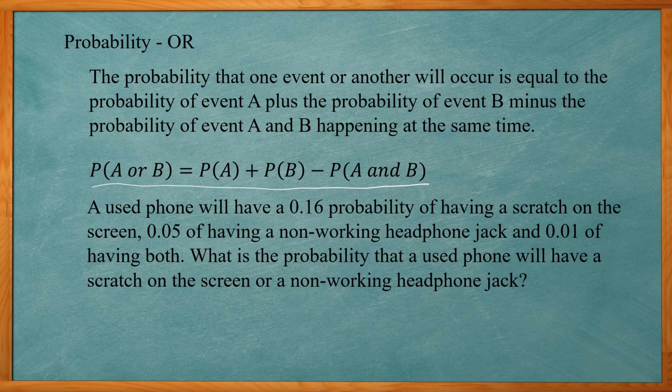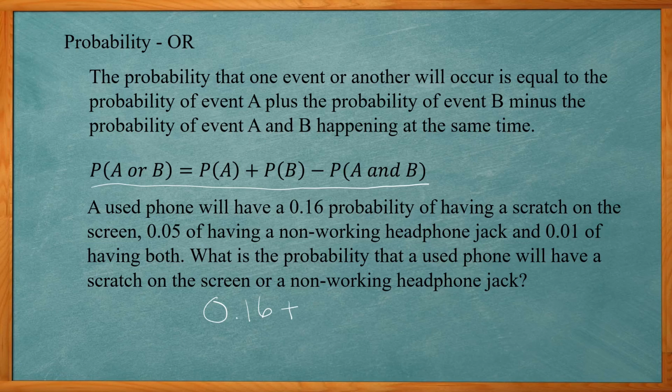So for example, a used phone has a 0.16 probability of having a scratch on the screen, a 0.05 probability of having a non-working headphone jack, and a 0.01 probability of having both. What is the probability that a used phone will have a scratch on the screen or a non-working headphone jack? Okay, so our first event is a scratch on the screen, so that's 0.16.